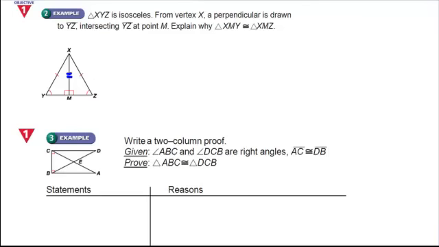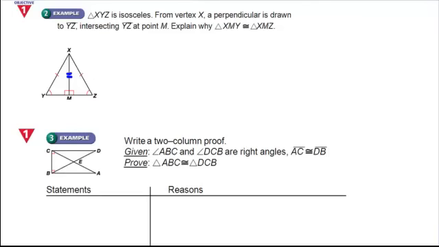We could use angle-side-angle. We could also use side-angle-side. And we could also use side-side-side, because if this is indeed the bisector of the angle, then it would also bisect the base. So everything can be marked. What I wanted to do is show you how hypotenuse-leg works.